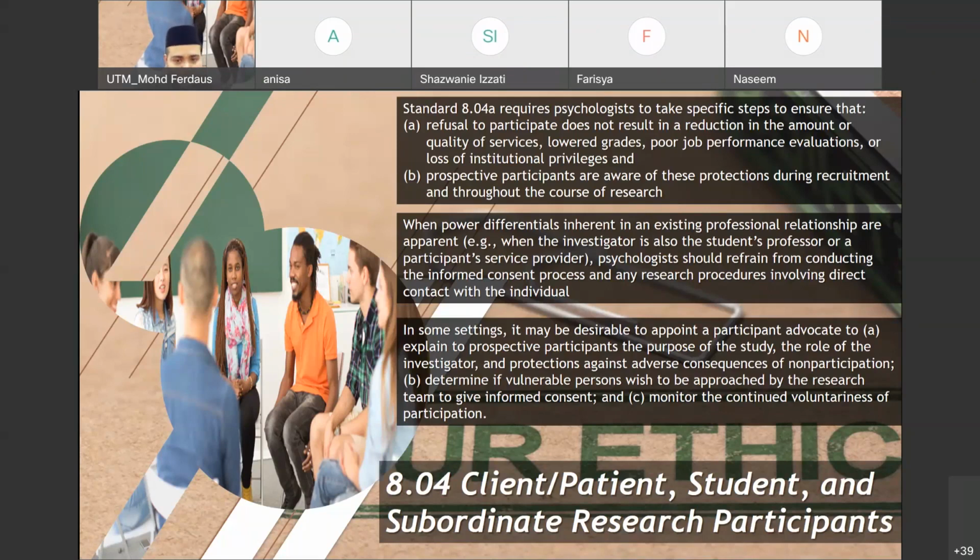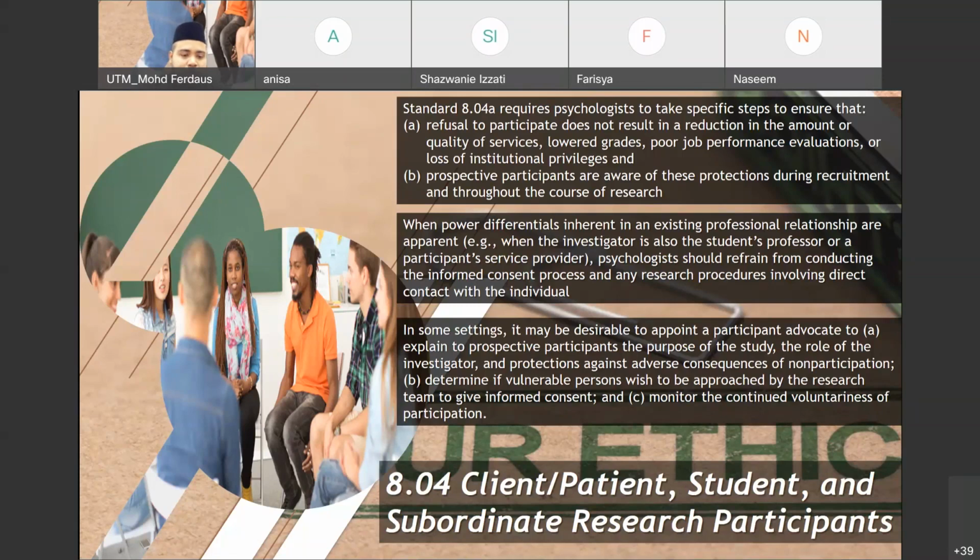So in some settings, it may be desirable to appoint a participant advocate to explain to a prospective participant the purpose of the study, the role of the investigator, and protection against adverse consequences of non-participation.